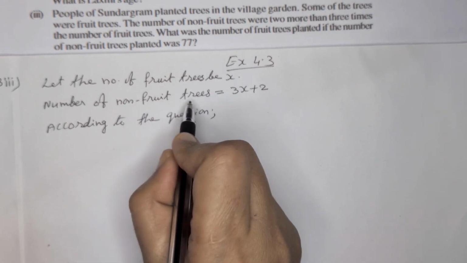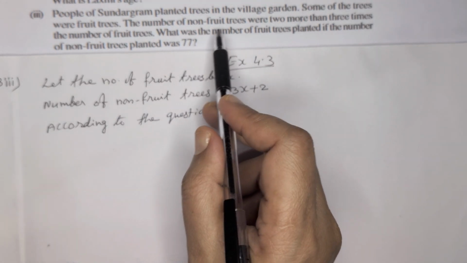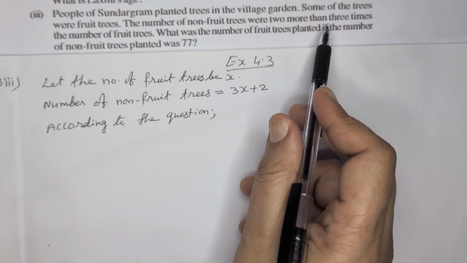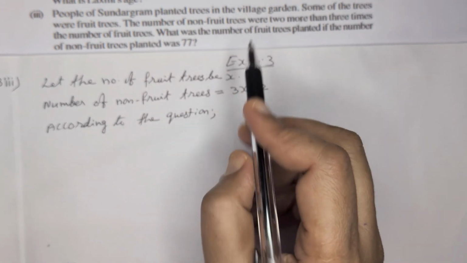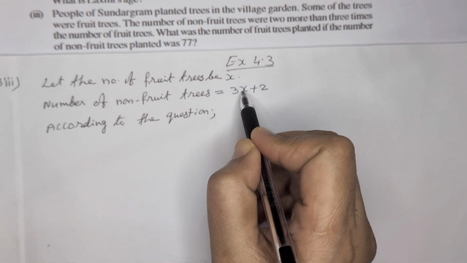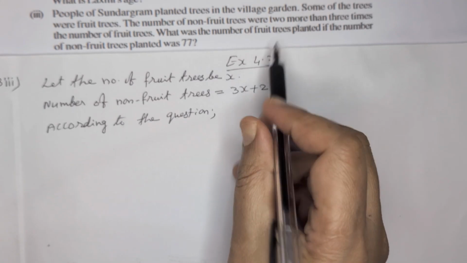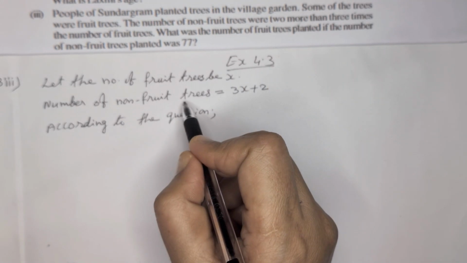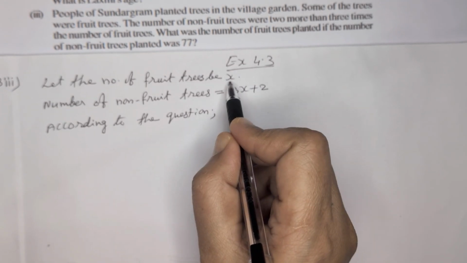Then the number of non-fruit trees is 3x plus 2, and fruit trees just x.